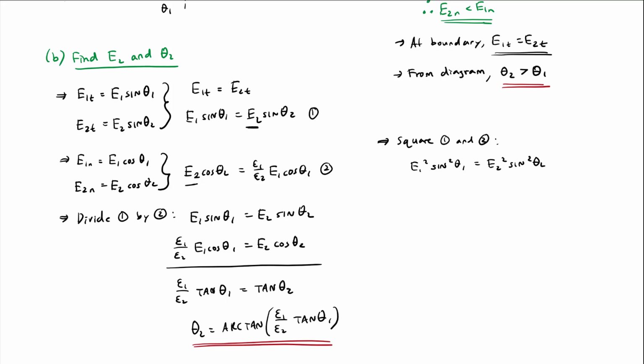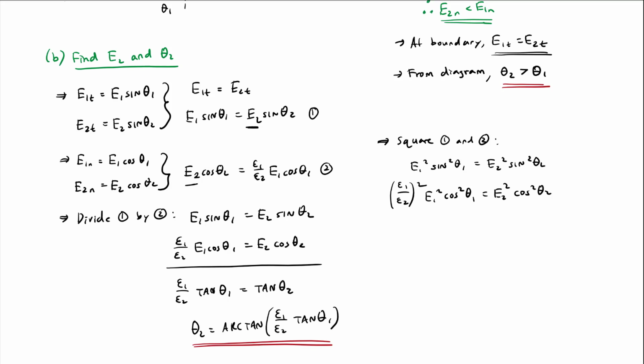Let's just rearrange this first. We have epsilon 1 over epsilon 2, square that. E1 squared cos squared theta 1 is equal to E2 squared cos squared theta 2.